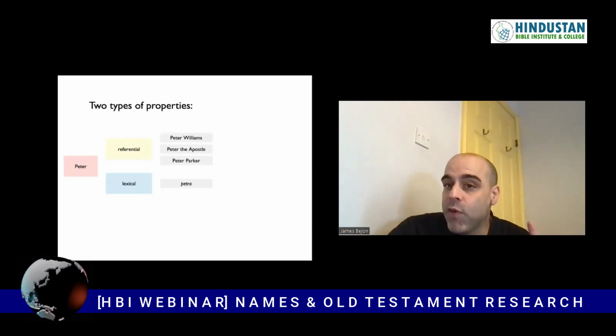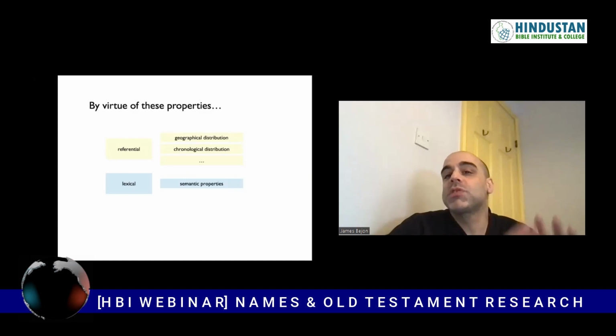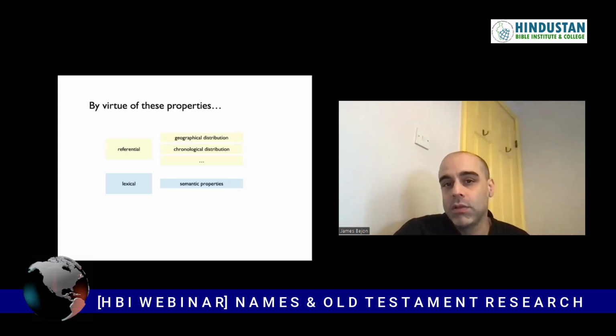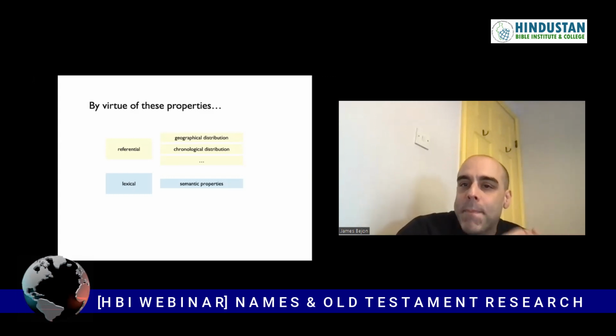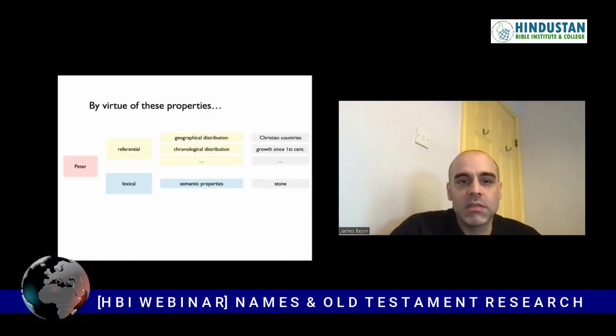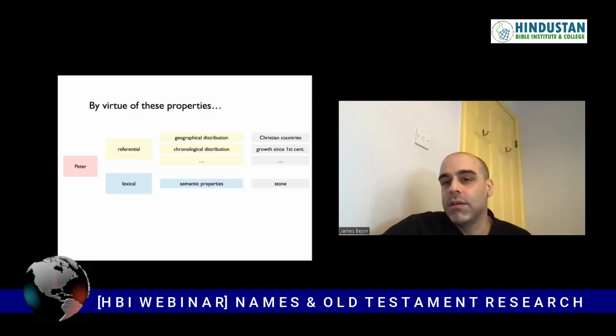And by virtue of those two properties, they also have all sorts of different properties. So because names refer to people, to concrete people and so forth, and because they're based on known lexemes, they will have semantic properties. So to go back to our example of Peter, the name Peter will have a geographical distribution.